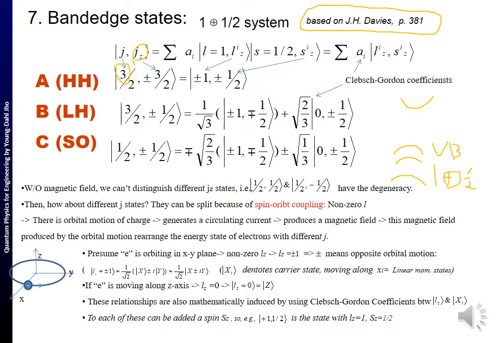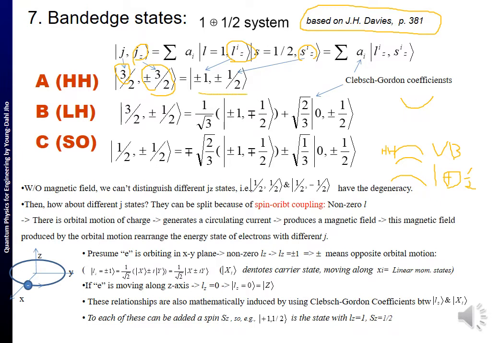Firstly, it is the heavy hole. That's the case with Jz of plus minus 3/2. Plus 3/2 and minus 3/2 are different quantum states, but they share the same energy, so there is degeneracy. And this is when Lz and Sz are plus 1/2 or minus 1/2.